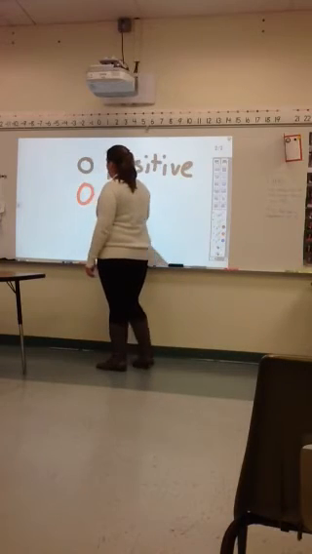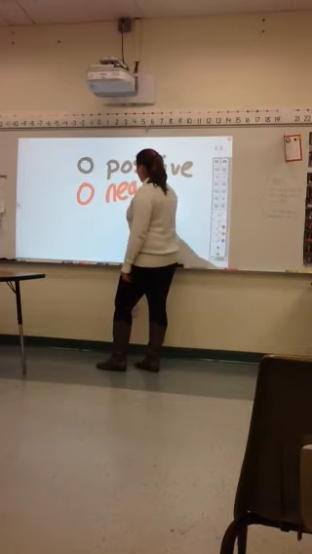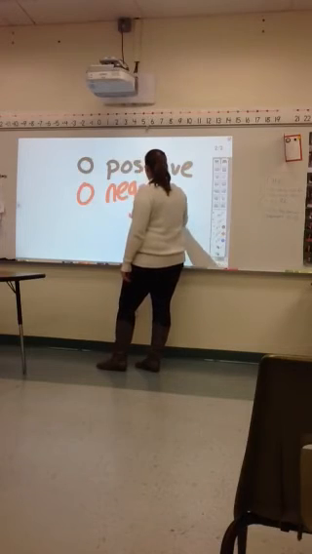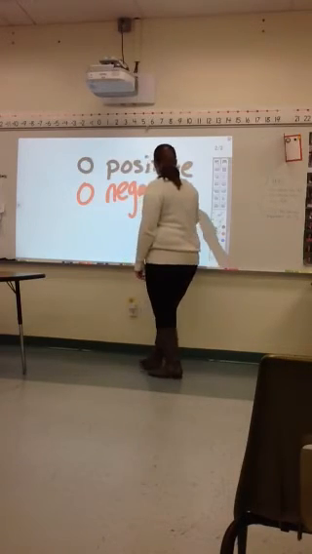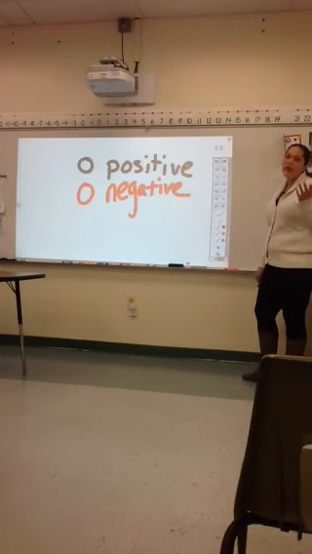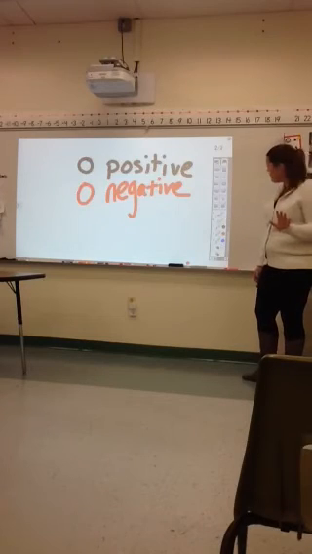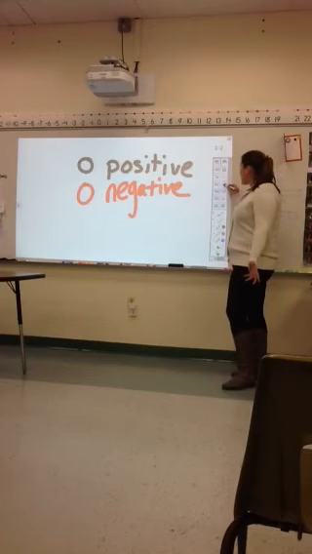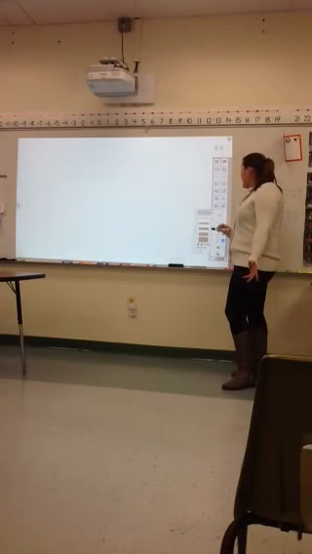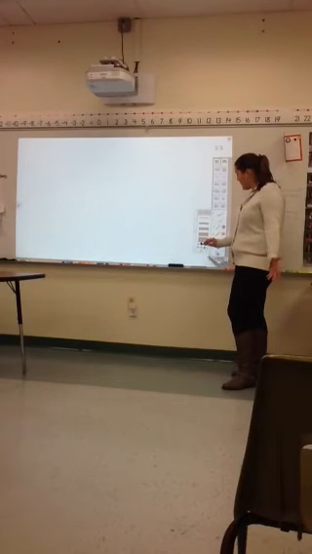Red circular chips indicate a negative number. Well, what if you don't have the chips? You can go online, you can find virtual manipulative sites, which is fine, or you can just draw the chips. It's almost faster to do it that way, and that way you have some sort of record of what you did so you can go back to it later.